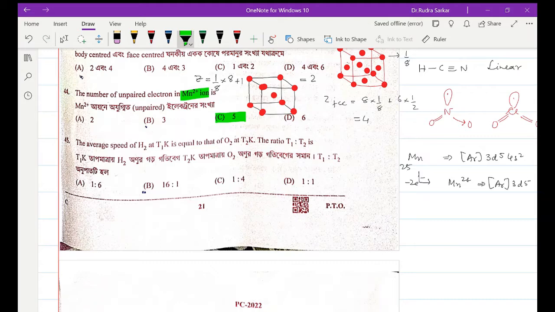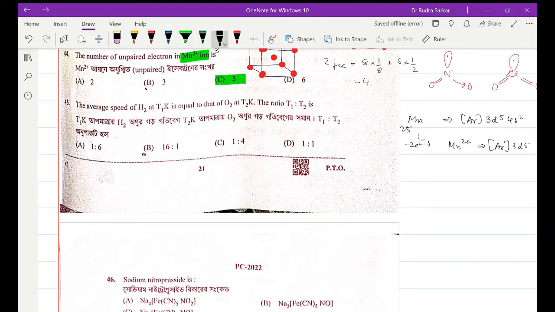Average speed of H2, let's call this C average of H2, and that will be nothing but root of 8RT1 by pi mH2, and C average of O2 at T2 is going to be root of 8RT2 by pi mO2. If these two speeds are equal, find the ratio of T1 to T2.